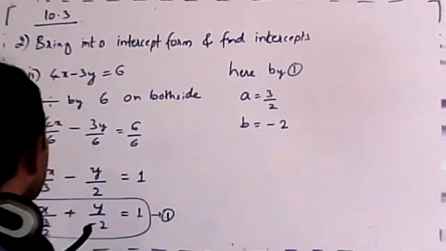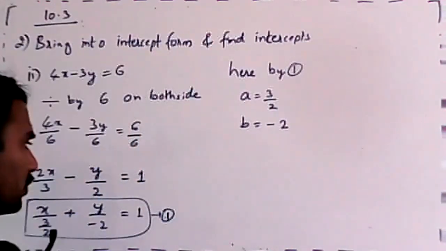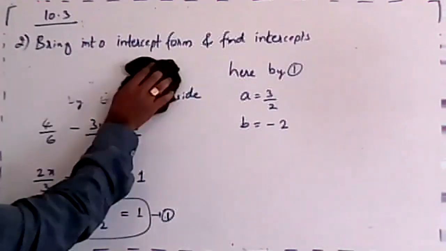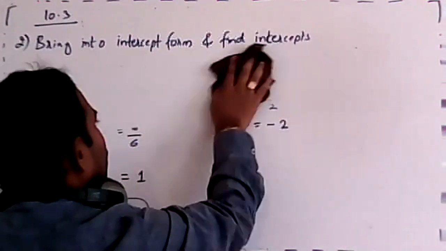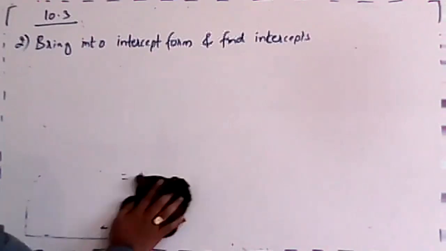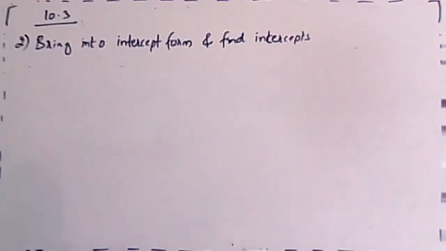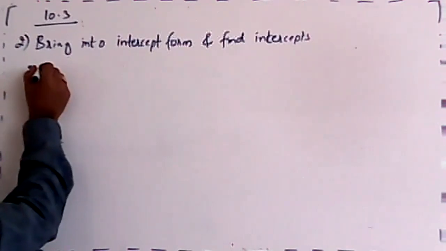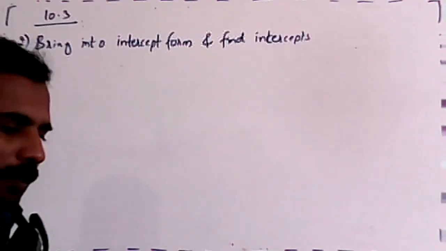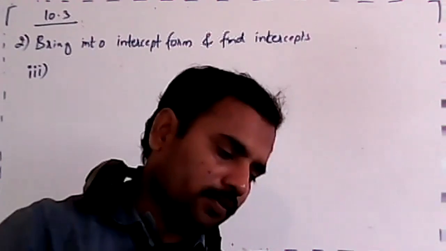Is there any third one there? Yes, the third problem is there. Let us take the third one. 3y plus 2 is equal to 0.